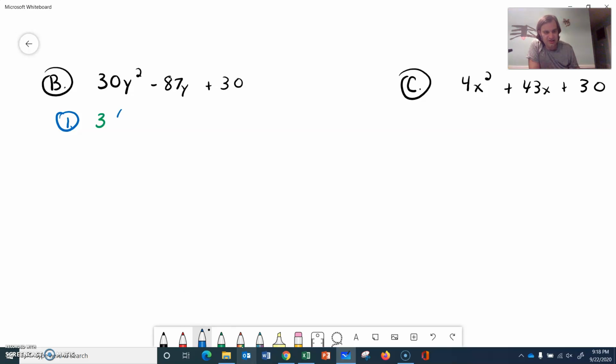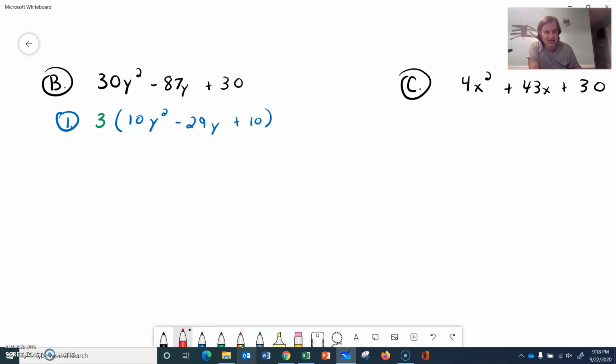And that's the number I'm going to keep until the end. 3 into 30 leaves 10y squared. 3 into 87 is 29, so minus 29y, and then plus 10 at the end.